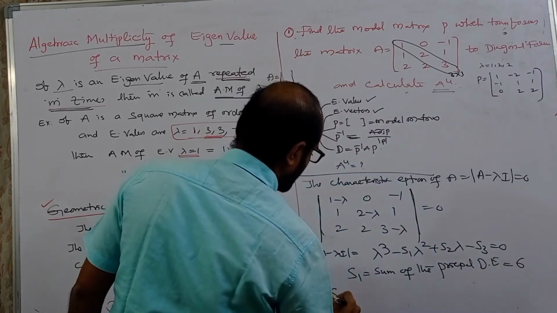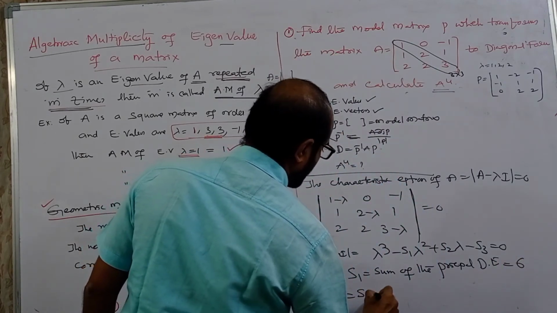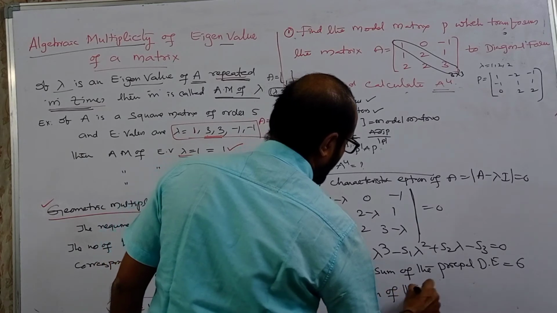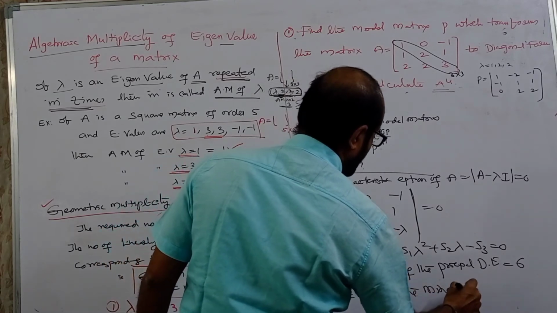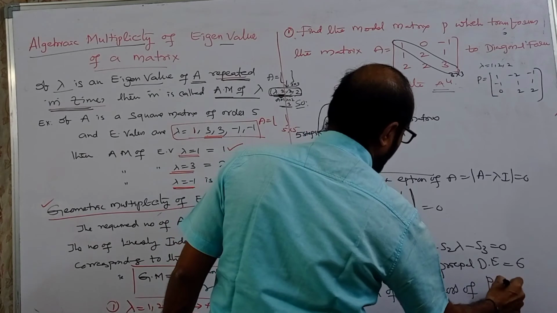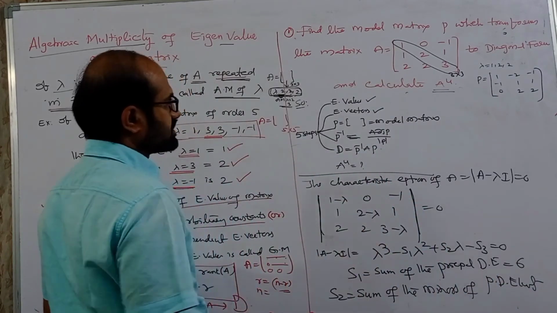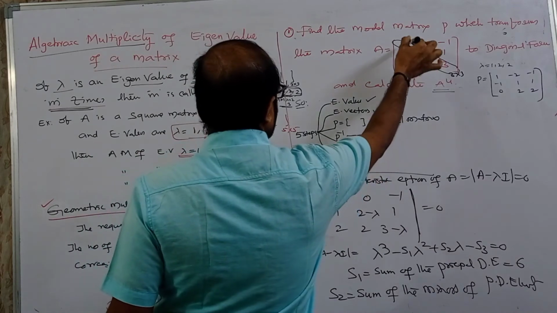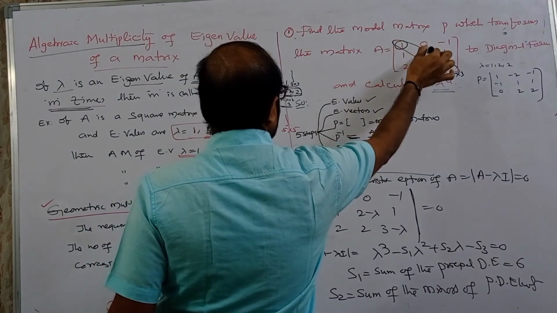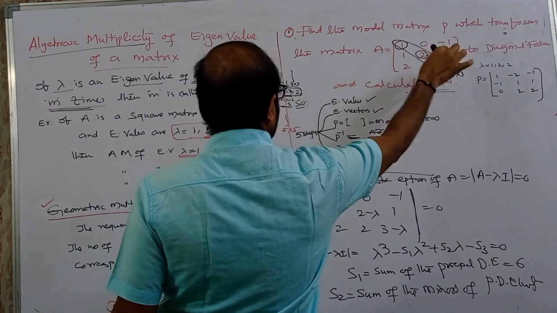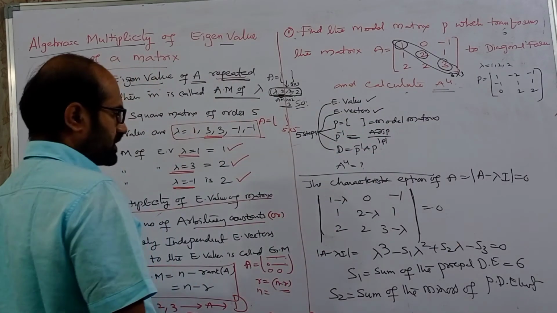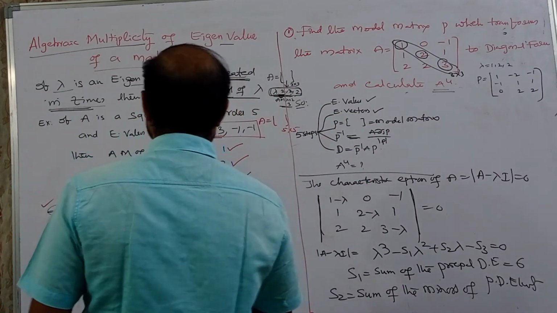Now S2 is the sum of the minors of the principal diagonal elements. Sum of the minors of the principal diagonal elements means we should find the minors of these 1, 2, 3.